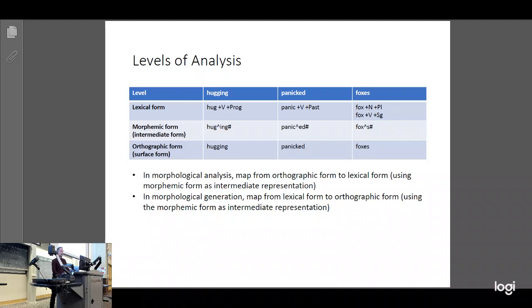So you factored out all of the differences between the realizations of morphemes in the orthographic form, and you put little carets or other symbols to divide each of the morphemes from one another, and added an end of word symbol that tells you when the word is over. So this helps you get from here to here. It also helps you get from here to here.